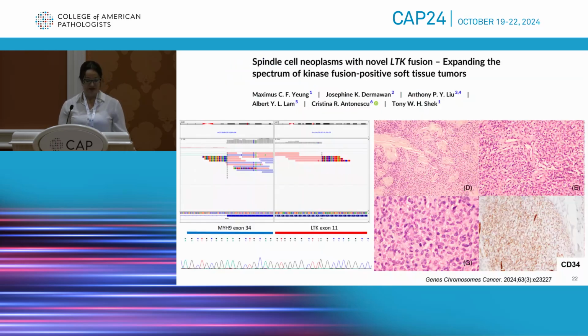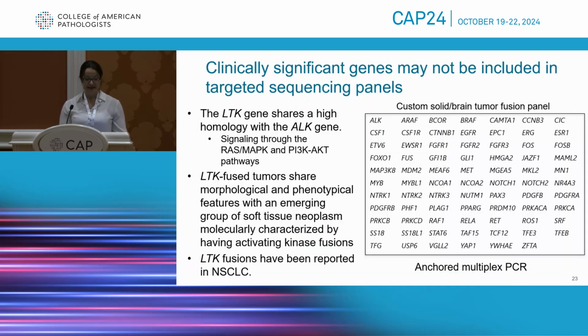And that had actually been recently described as a fusion detected in a tumor with similar characteristics as the one that I described. And even though we have a very customized targeted panel in our institution as well that was designed to target pediatric solid and brain tumors, that you can see on the right, and it's based on anchored multiplex PCR.